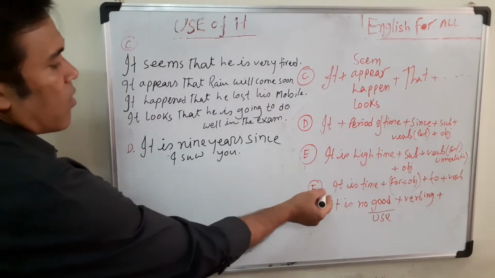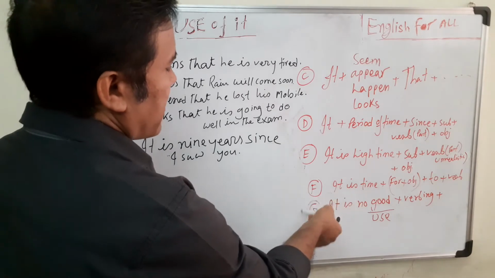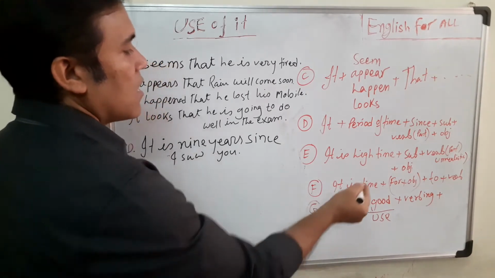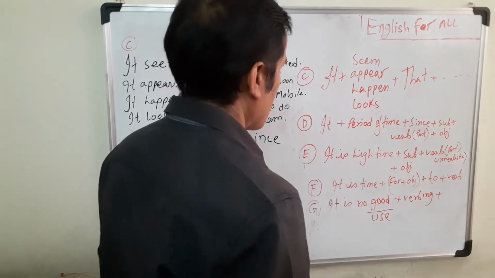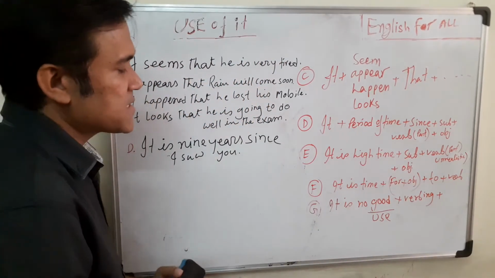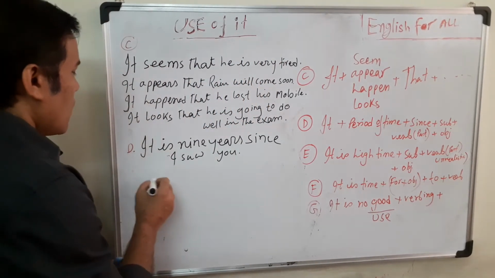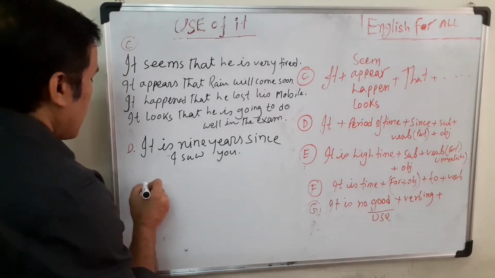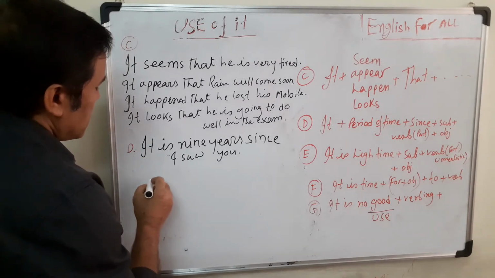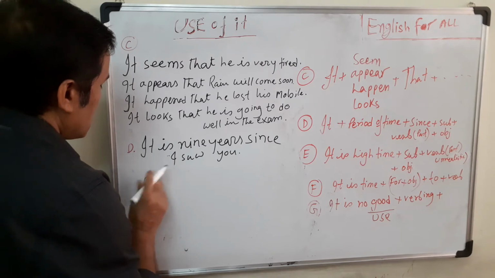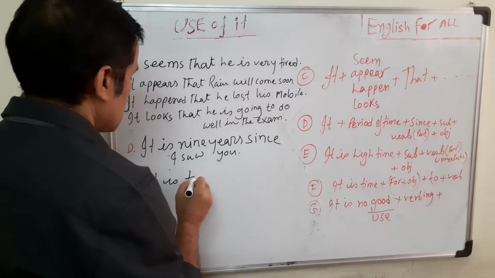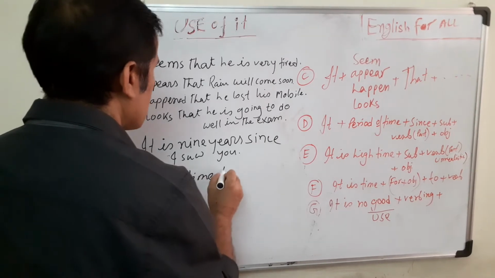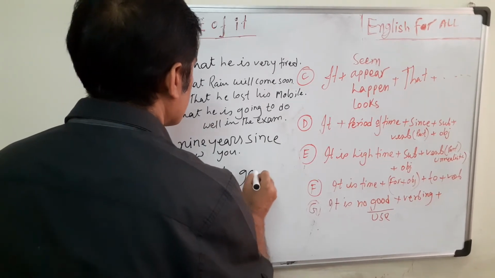Then let's go for this structure. It is time plus for plus object plus to plus verb. It is very easy to make a sentence. Let's have an example. It is time to go.